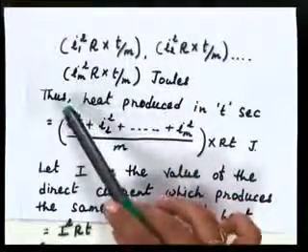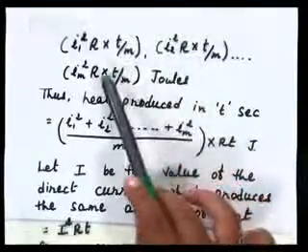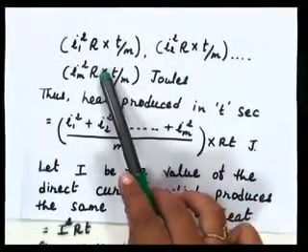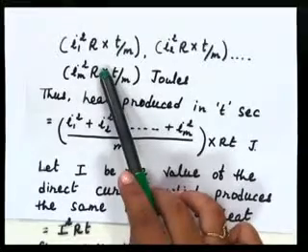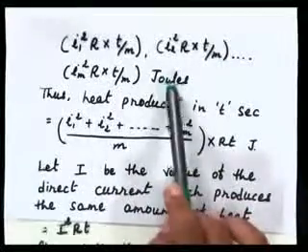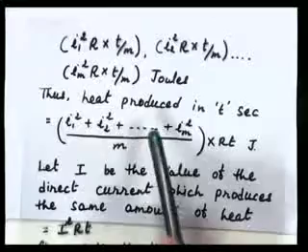Now the heat produced in T seconds. This is the heat produced by individual sections, and you have to find the heat produced by the total waveform. So to find the total heat produced, you have to add all the sections. This will give you the total heat produced by the total waveform.